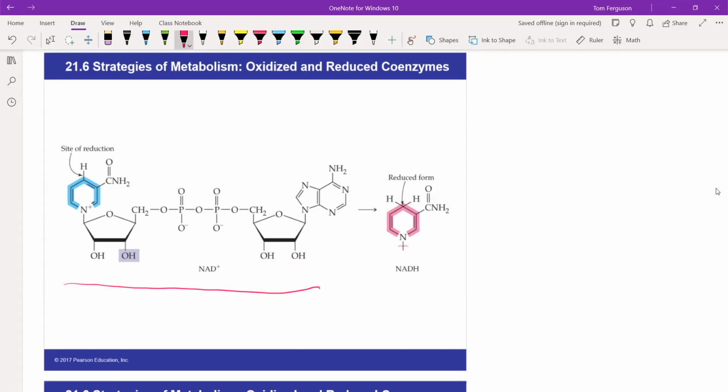And this, let's see, how should I do this? This part is over here. Okay, so this version on the right has two more hydrogens than the one on the left, hence it's reduced.